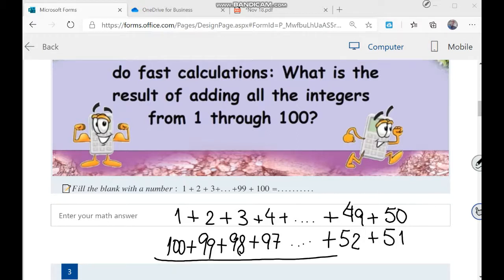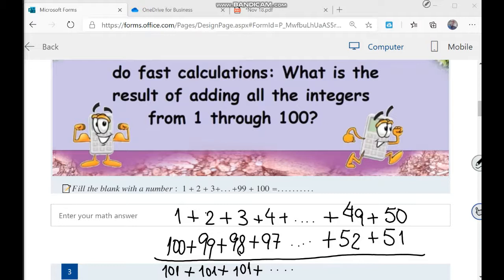What you're going to do is add two by two. Then you're going to have 1 plus 100, 101. 2 plus 99, 101. 3 plus 98, 101, and on and on, and then we have the same thing: 101 plus 101.